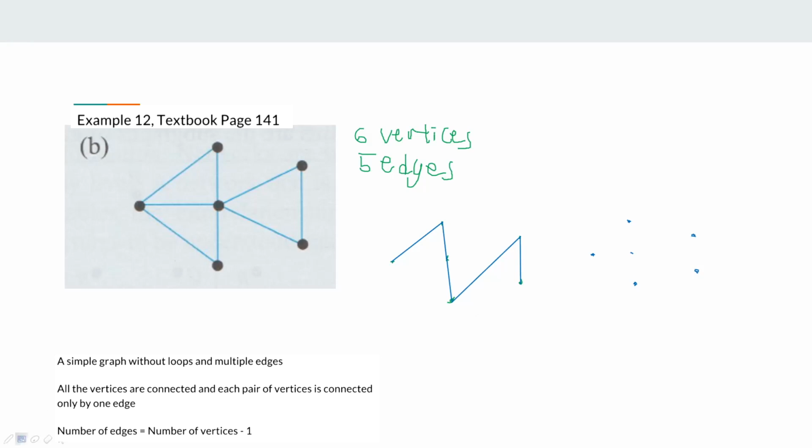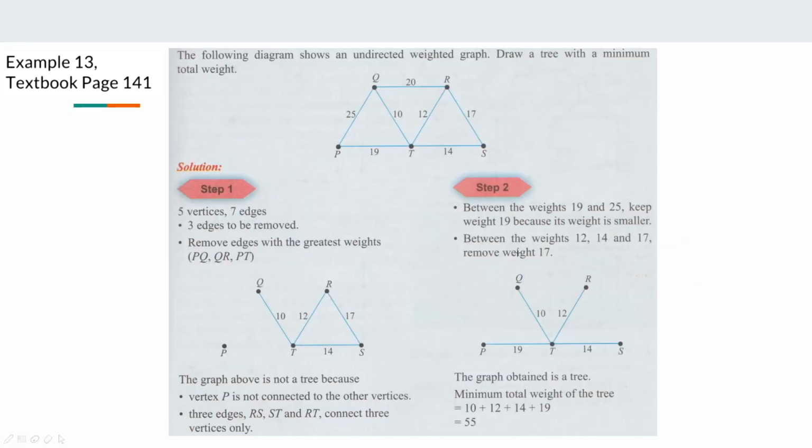It might be a bit smaller, but it's okay. Just have to make sure all the vertices are connected by only one edge. So yeah, that's basically it.